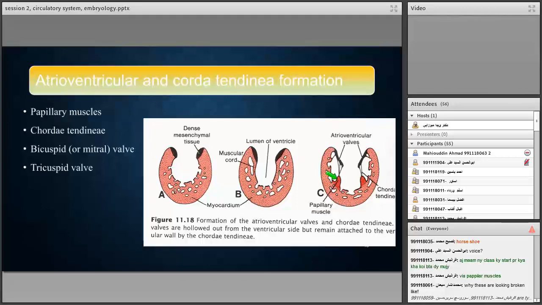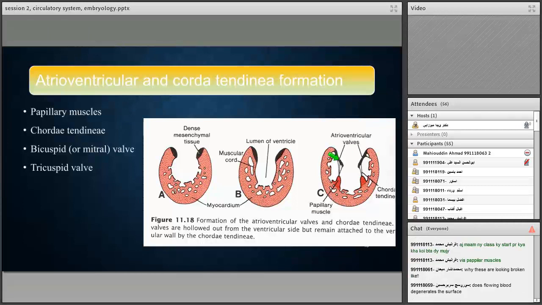Okay? So the blood flow is forming the final shape of the atrioventricular valves. The muscle is degenerating, and the remaining part is fibrous tissue, which is connected to the papillary muscles via chorda tendinae.